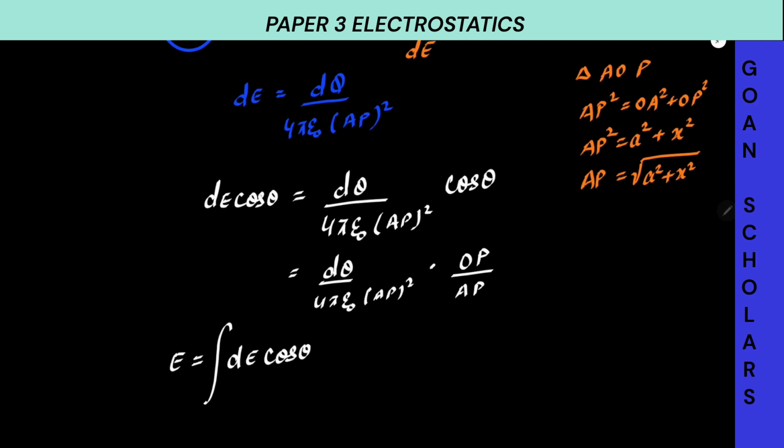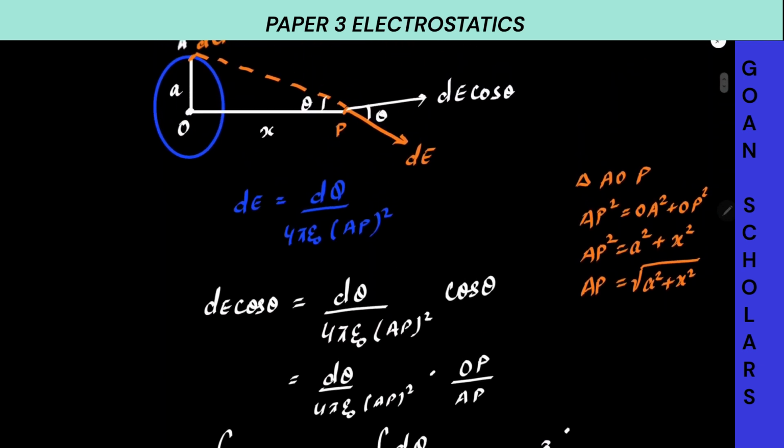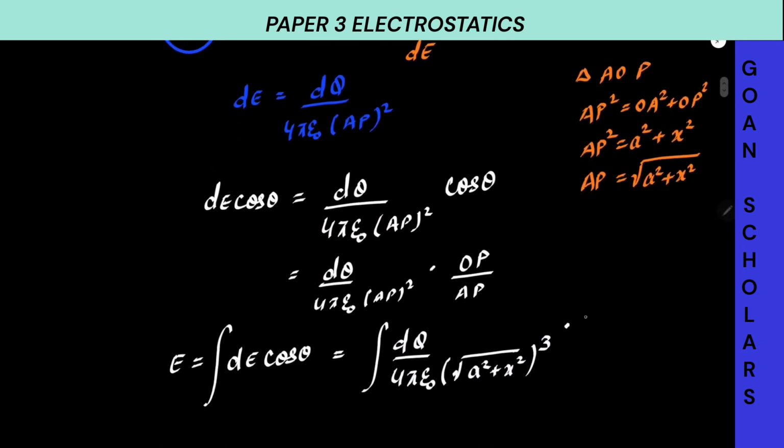So dE cos theta will be equal to integration of dq upon 4 pi epsilon naught AP squared, and cos theta gives AP cubed. So let's write it here, root under a squared plus x squared, that is AP, whole cube, into OP. Correct? And what's OP? Look at the diagram. OP is x, so into x. I hope this is clear.